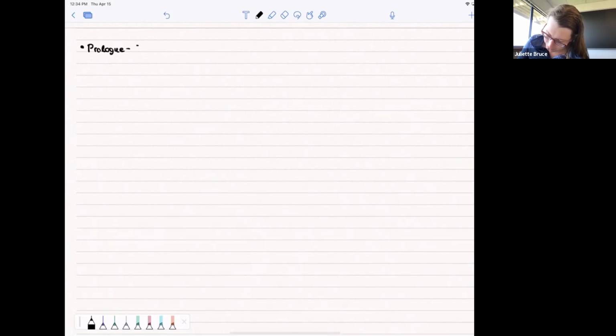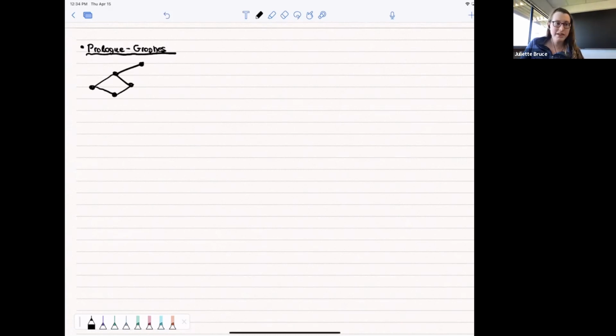It's about graphs. For me, a graph is just a collection of vertices or nodes connected with some edges. I'm not going to label my edges. I'm not going to put directions on them. I really only want to think about connected graphs. So here's a nice graph. You might also have a graph that looks something like this.